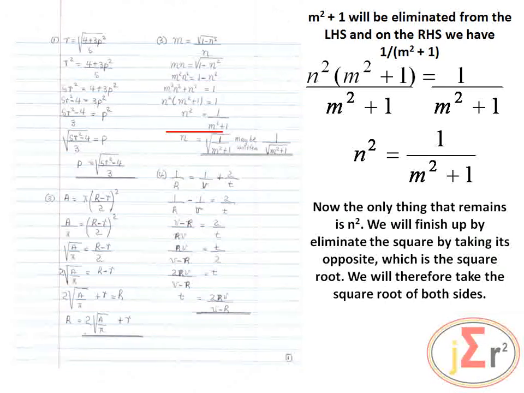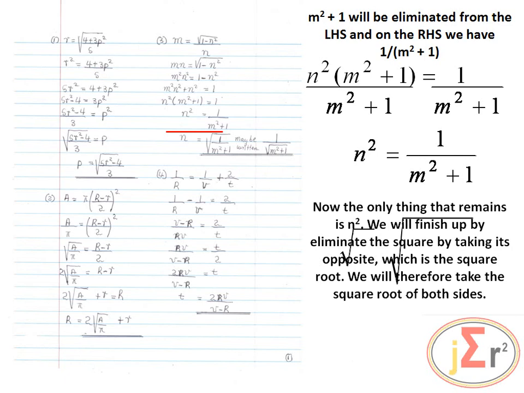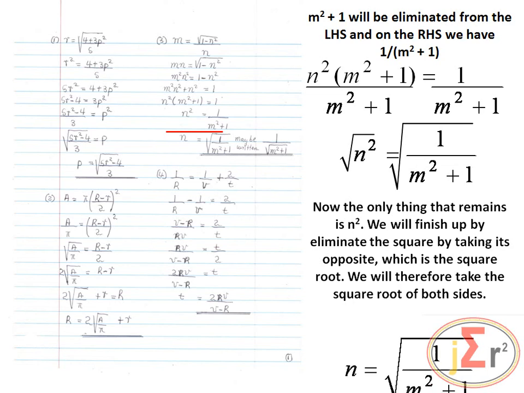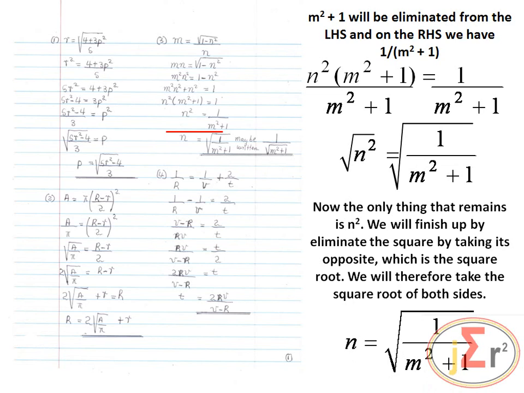We will therefore take the square root of both sides. And what will happen? The square will be eliminated from the left hand side, and on the right hand side we have the square root of all of 1 over all of n squared plus 1.